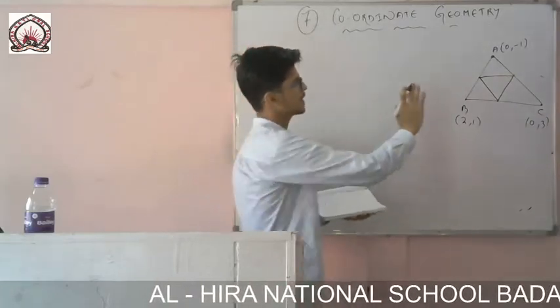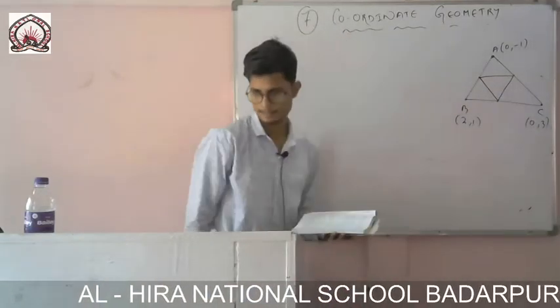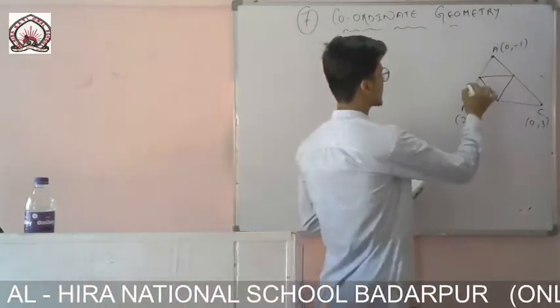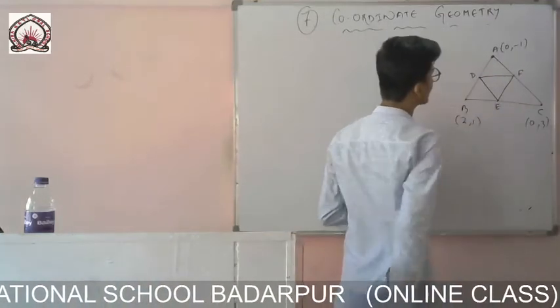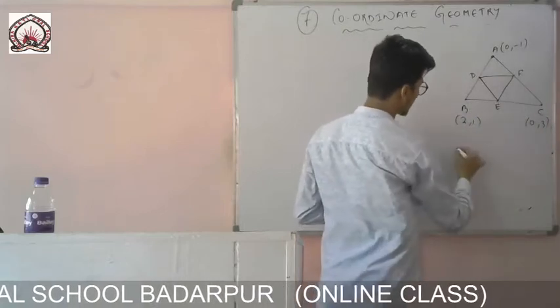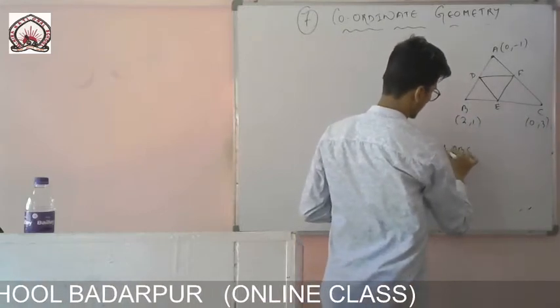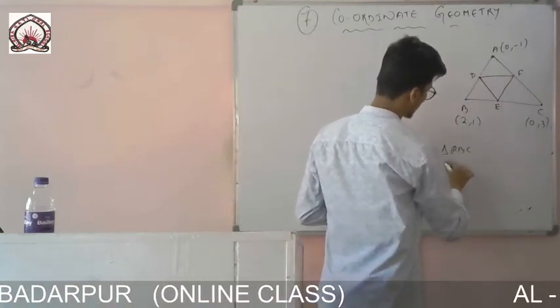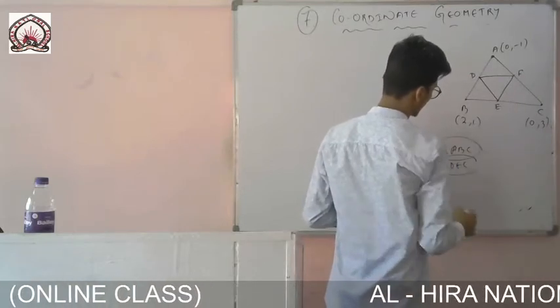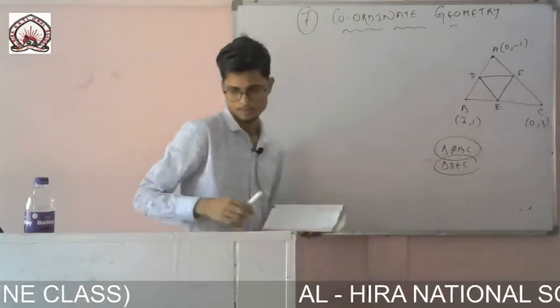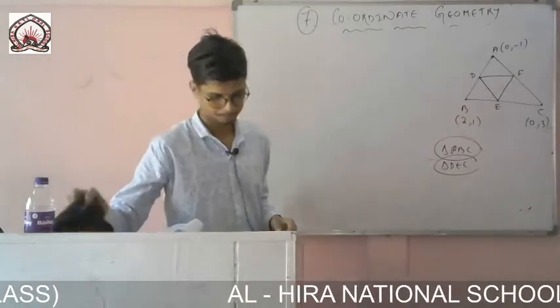Let me name them D, E, F. First of all I will find the area of this main triangle ABC, then I will find the area of the triangle DEF, then I will compare the ratios, I will find the ratio of their areas.